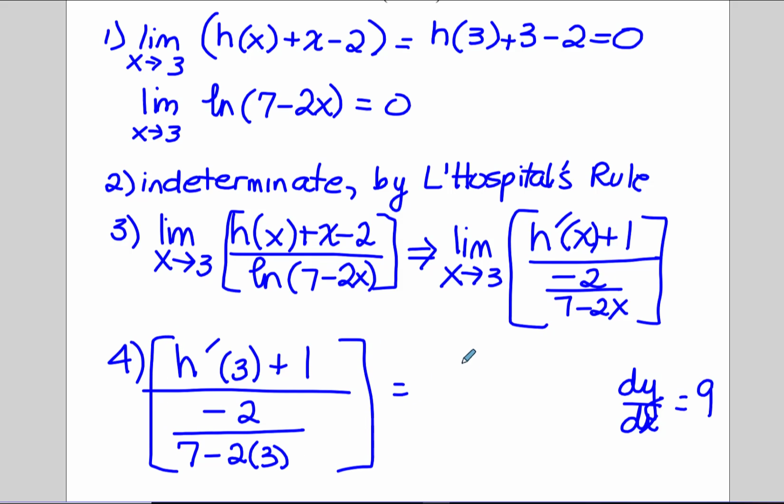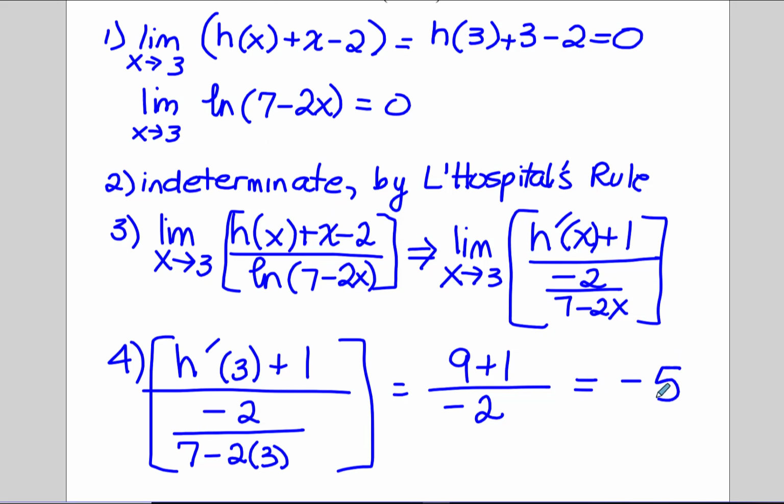That's going to give us 9 plus 1, because this derivative is 9, divided by negative 2, and this denominator is 1. So negative 5, we have negative 5 for our limit at 3.